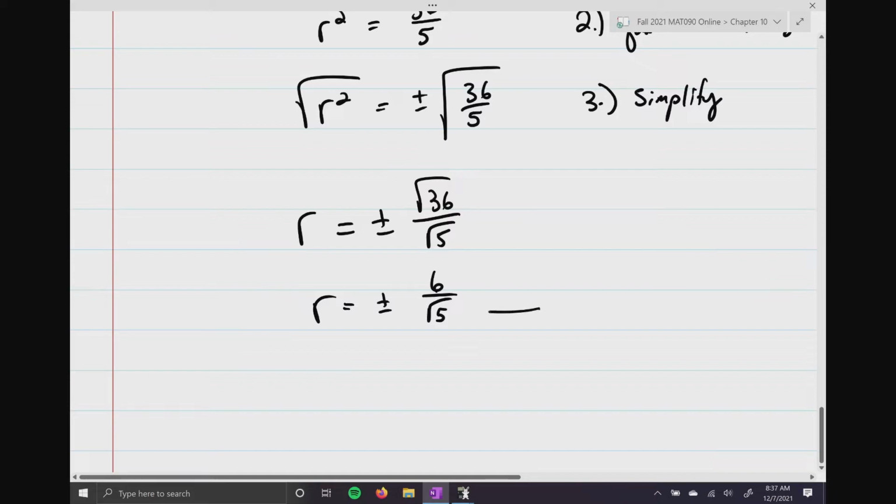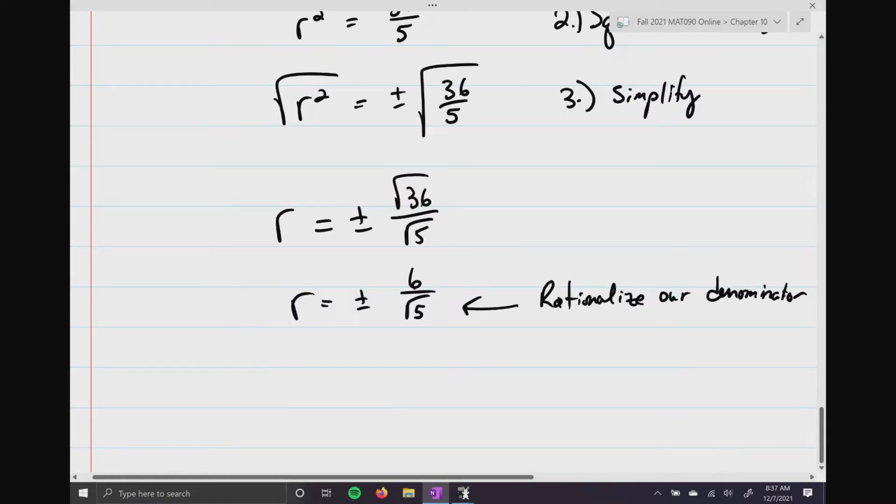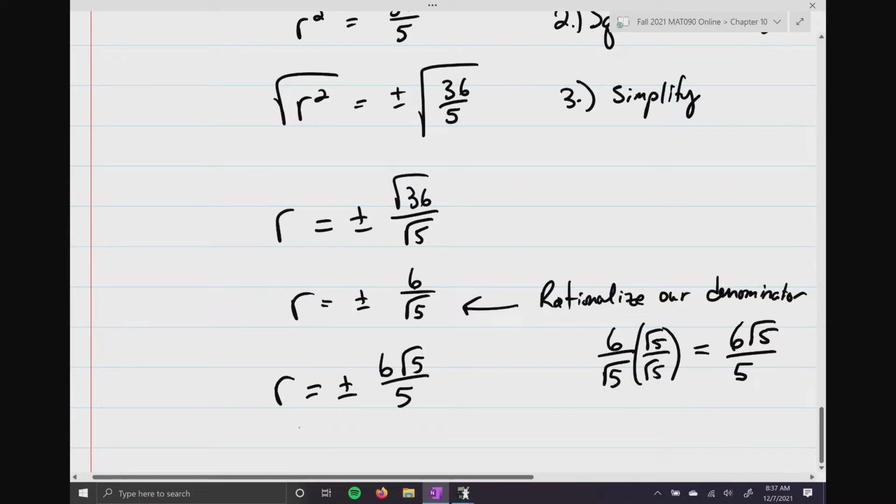Notice we're going to have to rationalize our denominator here. Oh, I'm running out of space. There we go. So I'll do it directly underneath here. So we're going to multiply this by the square root of 5 over the square root of 5. And that gets rid of my radical in my denominator for a final answer of r equals plus or minus 6 square root of 5 over 5.